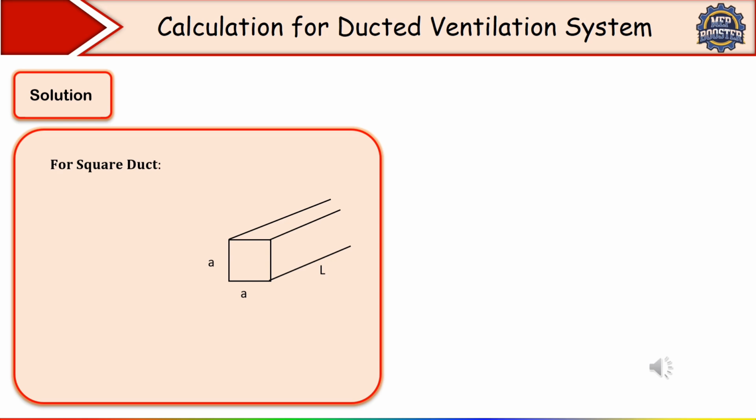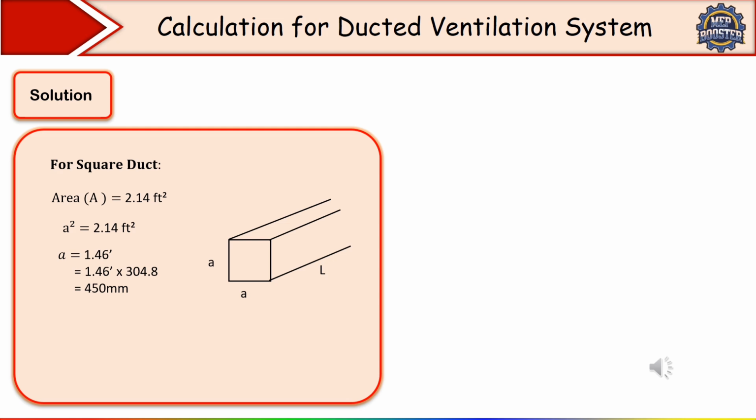For a square we have the same side, all sides are the same, so I have taken small a. So the area, how much have we calculated? 2.14 square feet. Area of a square is what? A square. If the side is small a, then the area of the square duct is a square. So finally you will get the small a value of 450 mm.